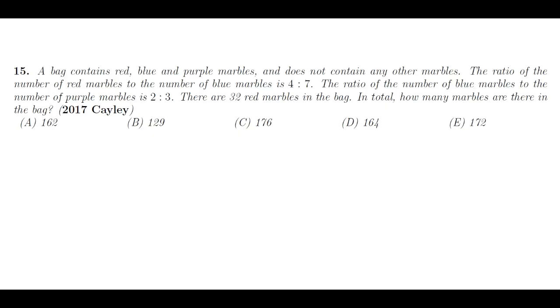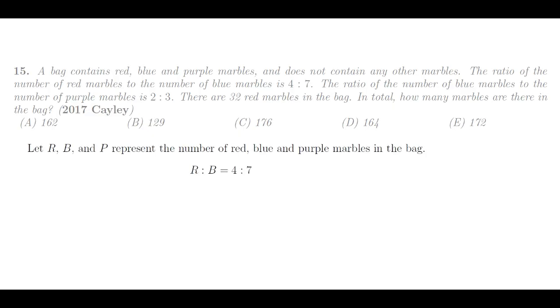So first we're going to look at this algebraically, which is maybe the standard way. If I just use R, B, and P to represent the number of red, blue, and purple marbles, then this first ratio, 4 to 7, really tells me that I can write R and B as multiples of some integer, m, so 4m and 7m.